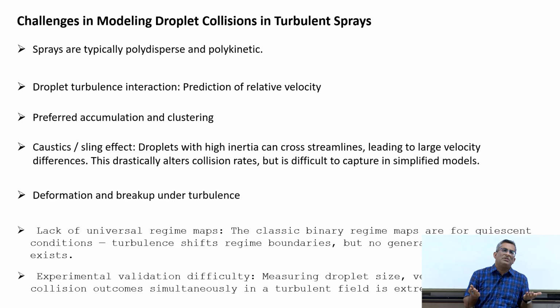And we know the common challenges. For example, if you use a RANS-based model, what you calculate is only the average flow field. You can implement some random walk model, but they are after all models.